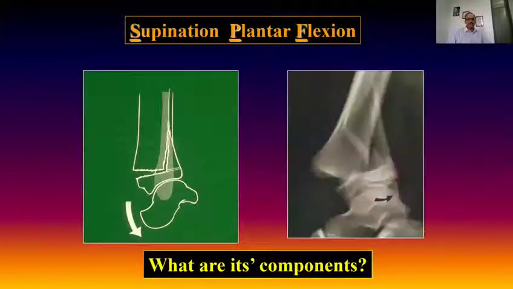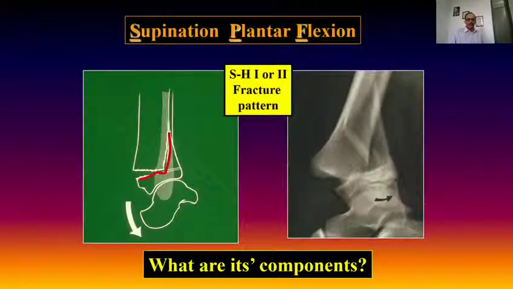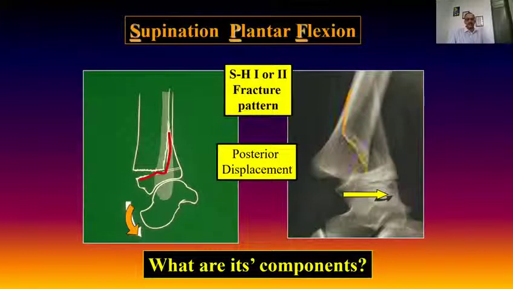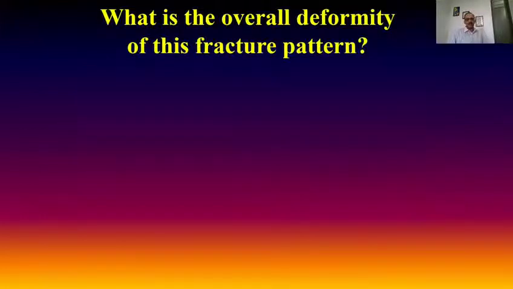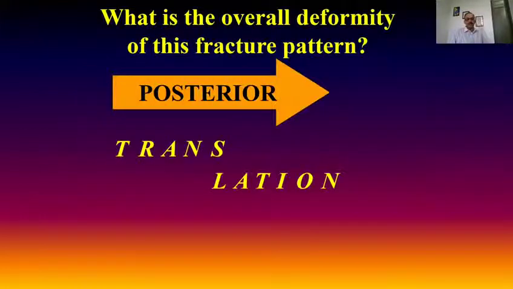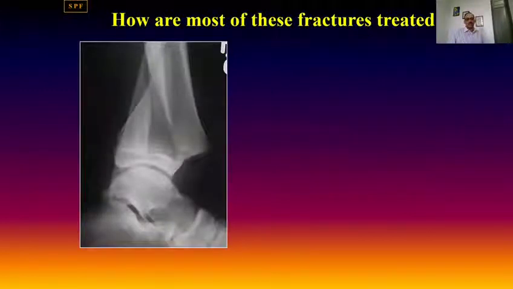So you have the two components here where the tibial is a Salter Harris 1 or 2 and the distal fragment always in plantar flexion and it translates posteriorly, whereas the anterior distal metaphyseal tibia translates anteriorly. So that is what happens. The fibula again is metaphyseal and it is green stick. So the overall deformity here is posterior translation with equinus.